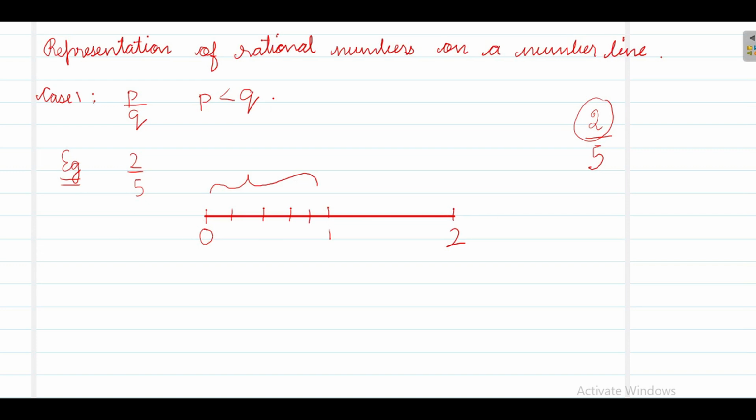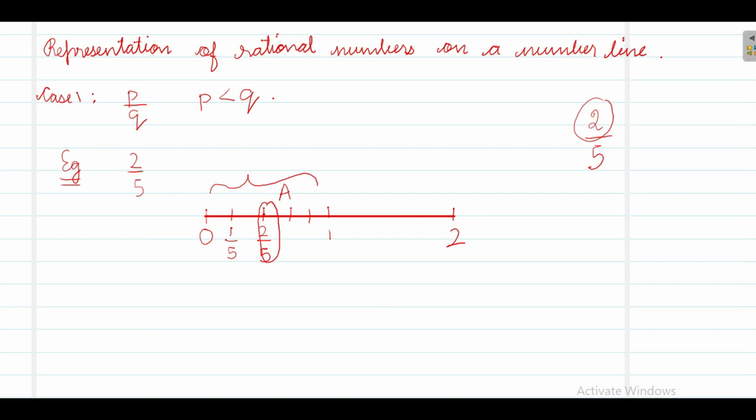Okay, so this first one would be 1 by 5. My second representation would be 2 by 5. So this point over here, I mark this point as point A. This is representing my 2 by 5.